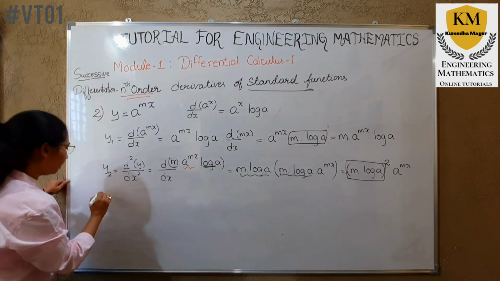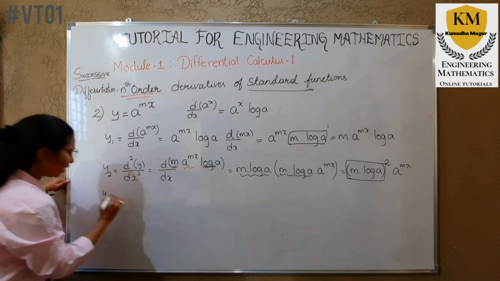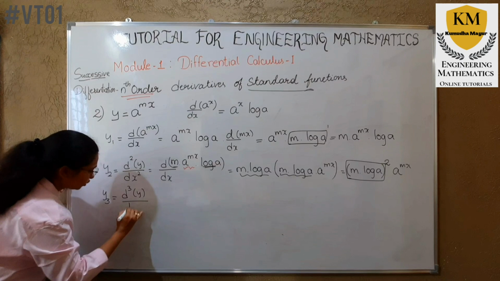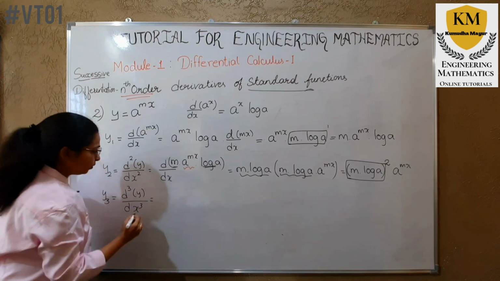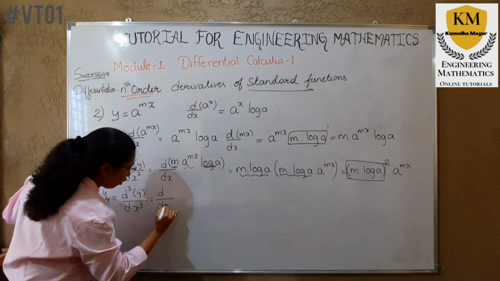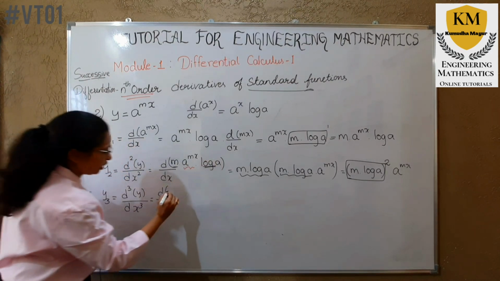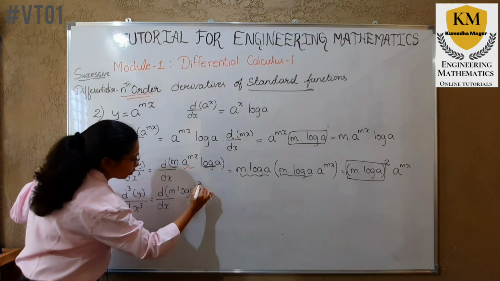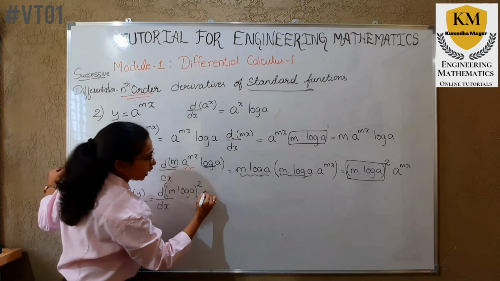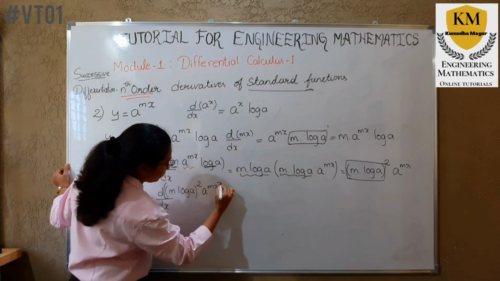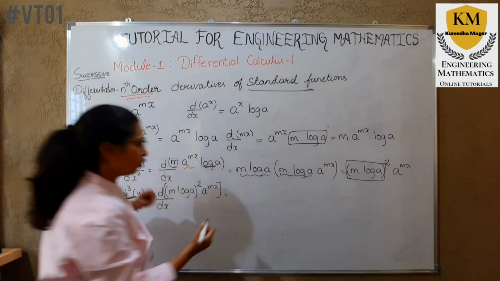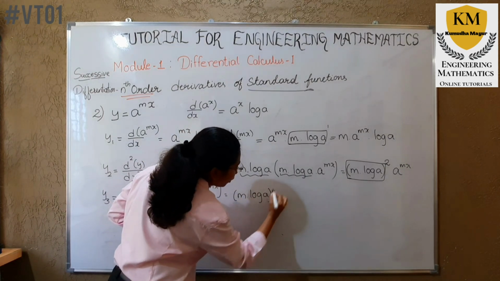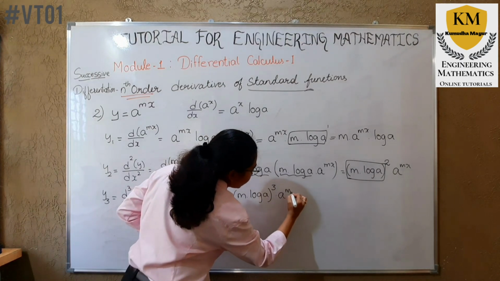Let me do the third successive differentiation, that is d cube y by dx cube, equal to d by dx of the second derivative, (m log a) squared into a to the power mx. When you differentiate this, you are going to get (m log a) whole cube into a to the power mx.